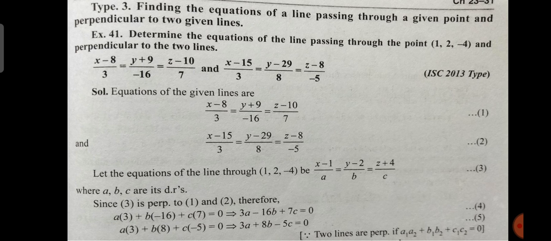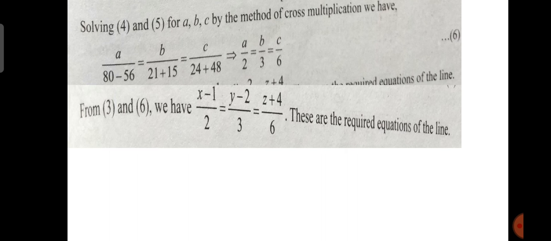The second equation comes from applying the perpendicularity condition to the other line. By solving the two equations, you will get a/2, b/3, c/6. So we have (x minus 1)/2, (y minus 2)/3, (z plus 4)/6. This is the equation of the required line.